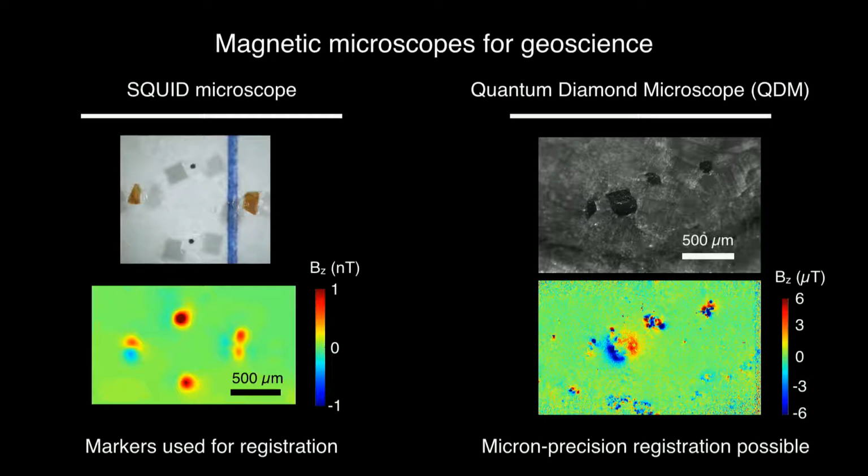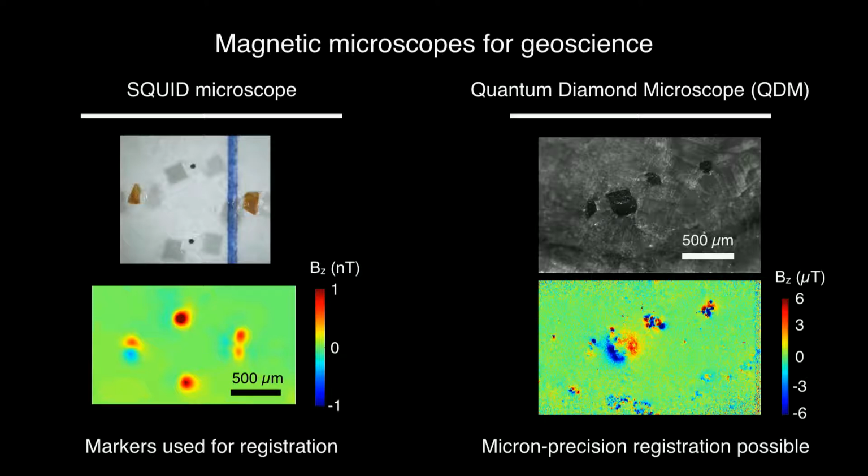So you can register the correspondence between features and magnetic signals very precisely. On the other hand, the SQUID microscope is not an imaging sensor, so you can do things like put these little tags in. These are literally pieces of printed ink that correspond to these dots. By doing that, you know where your samples are.